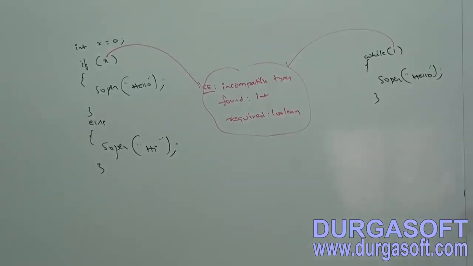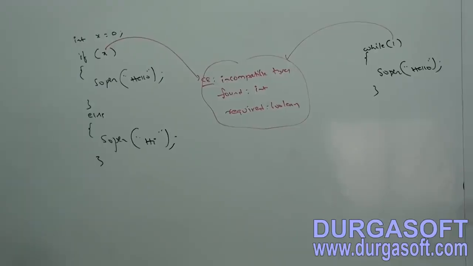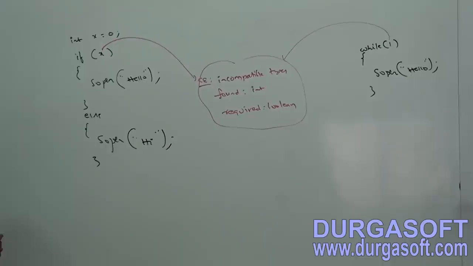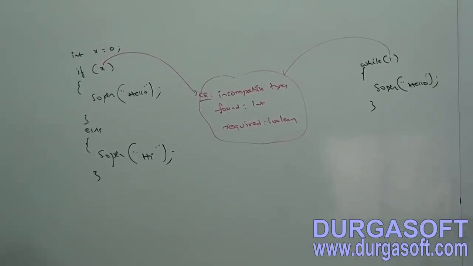int x is equal to 0, if of x SOP of hello, else SOP of hi. The compiler says incompatible types: found int, required boolean.